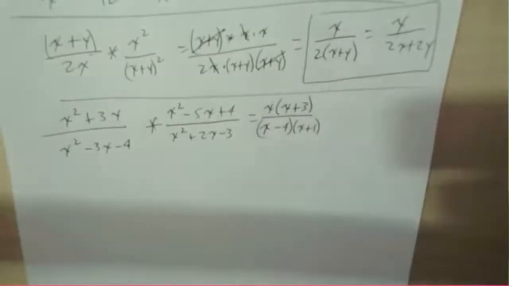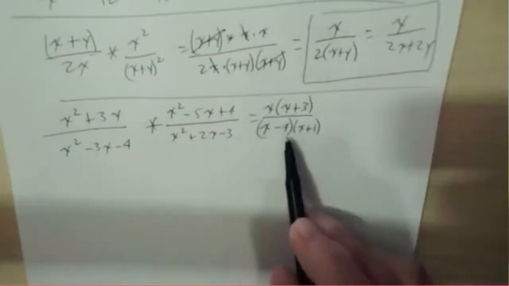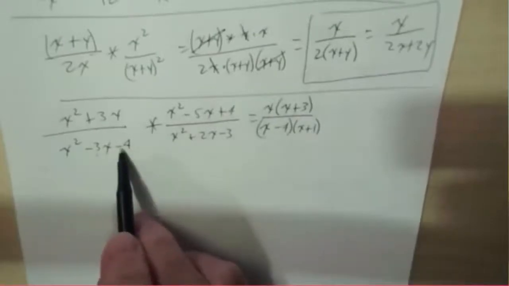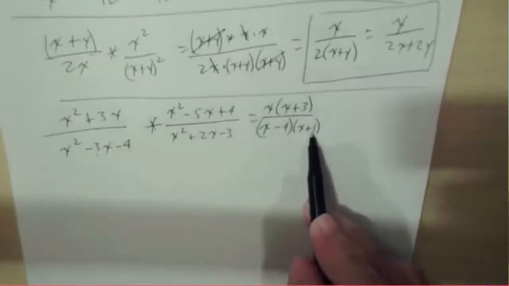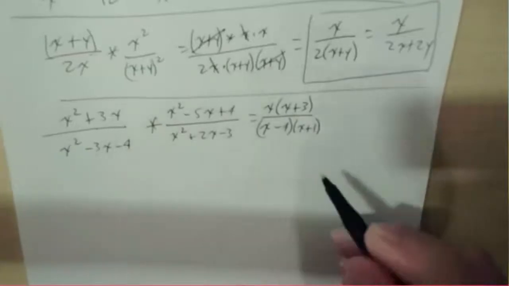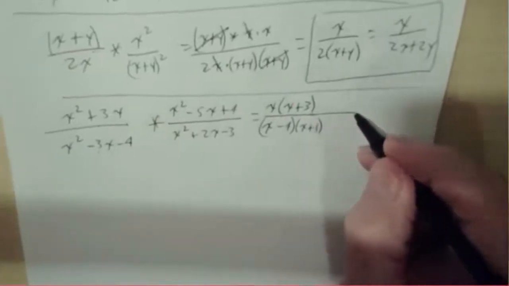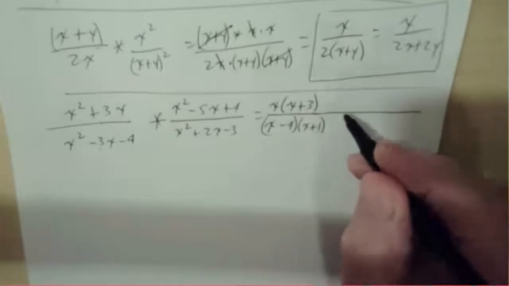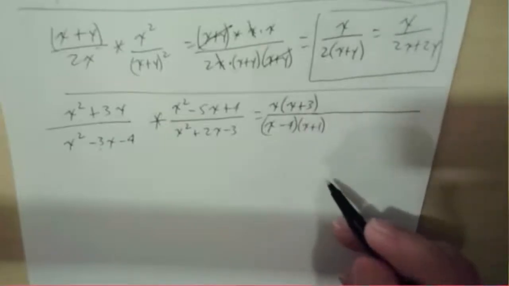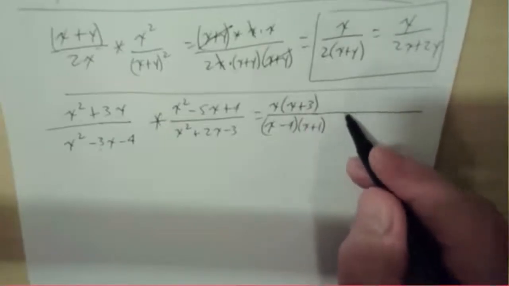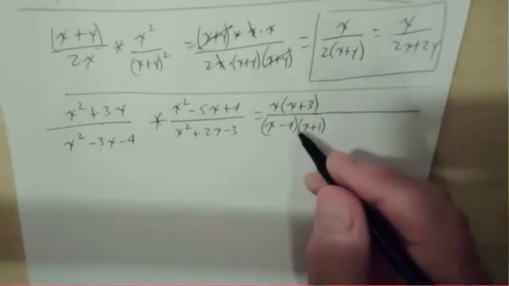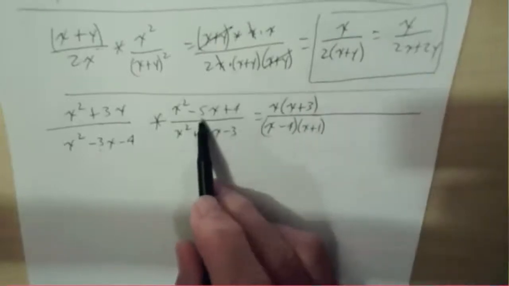Is that right? Negative 4 times 1 is negative 4. That's right. Negative 4 plus 1 is negative 3. So that's right. There's no need of writing this under two fraction bars.